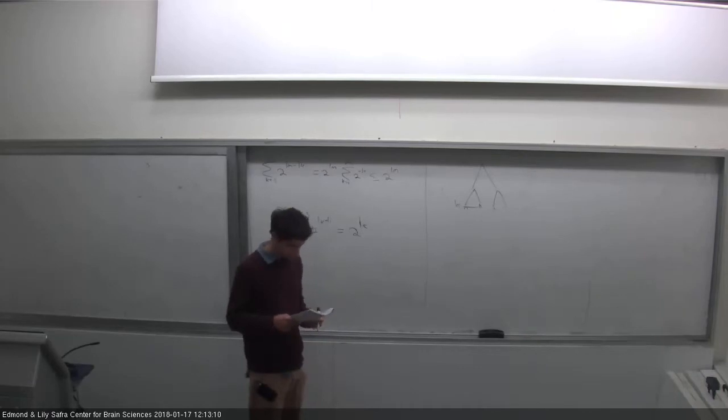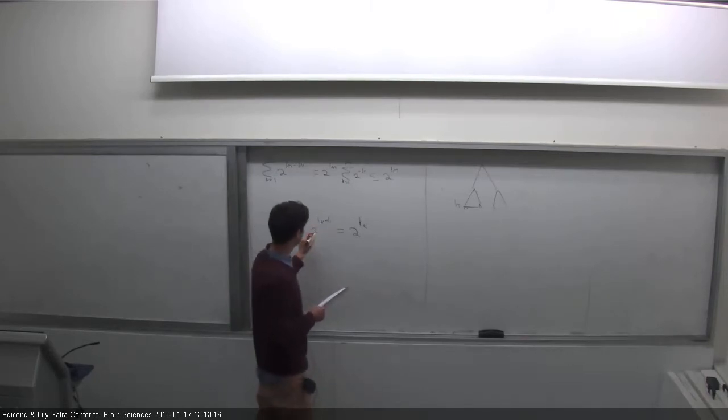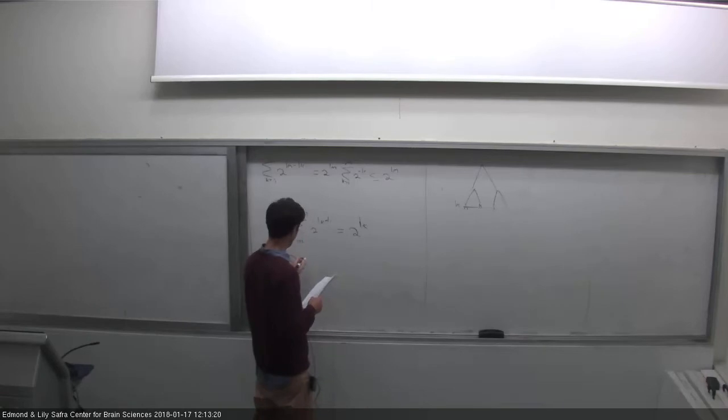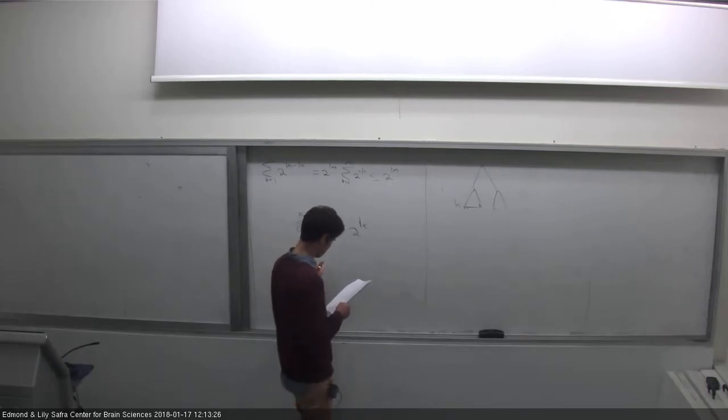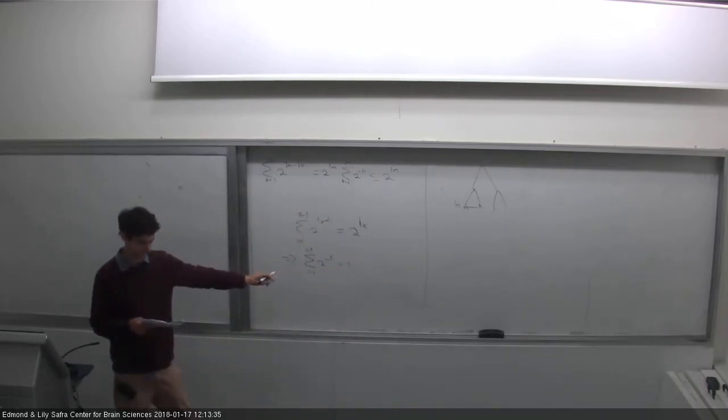But if this is true, and I divide it by 2 to the Lk, I get that this summation of 2 to the minus Li is equal to 1.